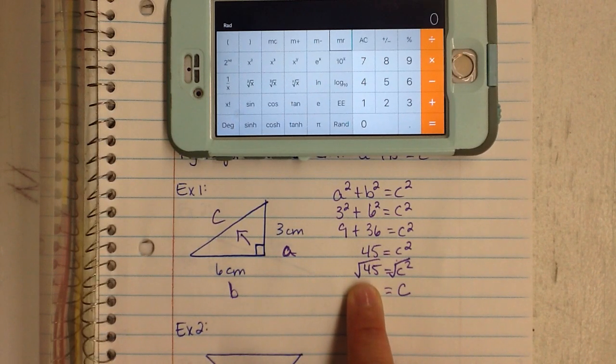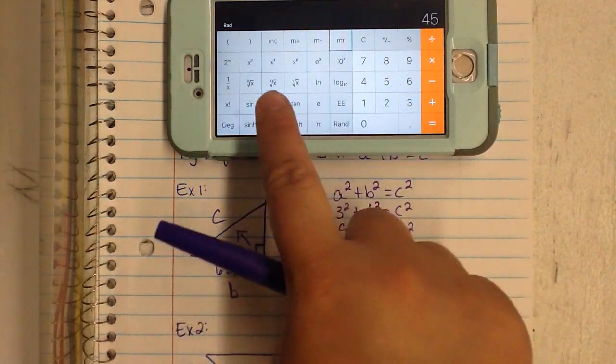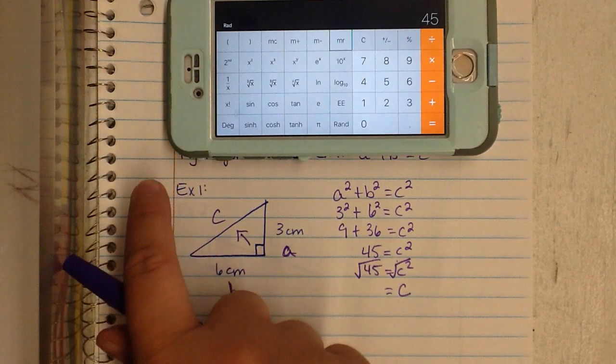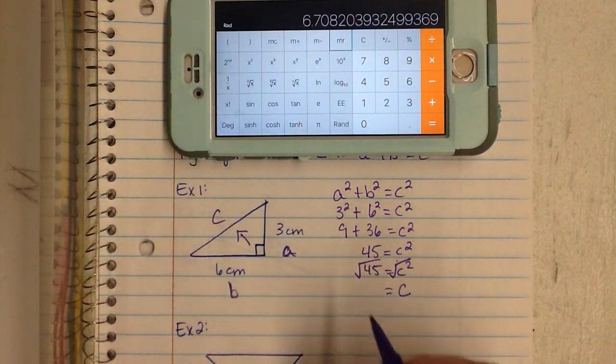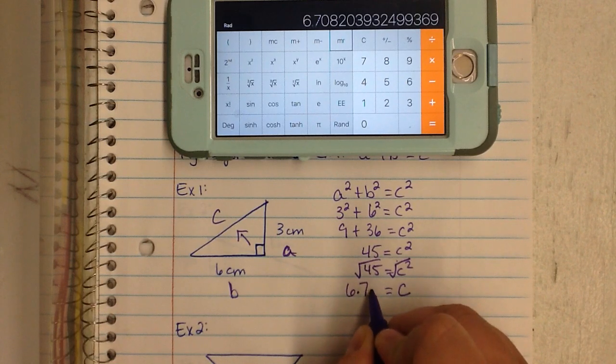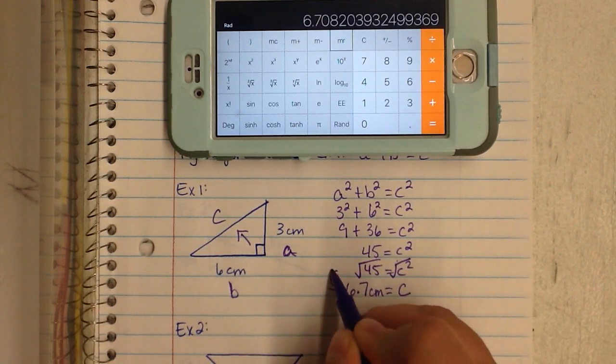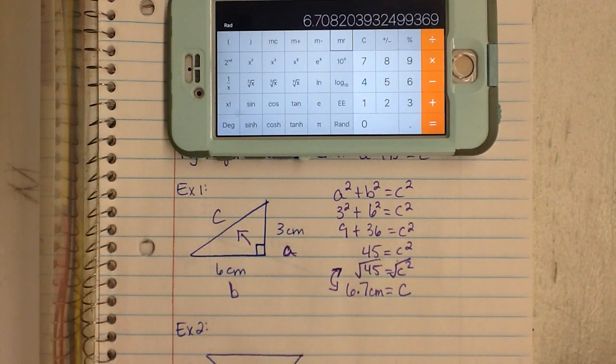If it asks you to go to the nearest tenth, you'll use your calculator. So we'll do 45 and hit the square root button, and we get 6.7, rounded to the nearest tenth, centimeters. Either one of these answers would be correct.